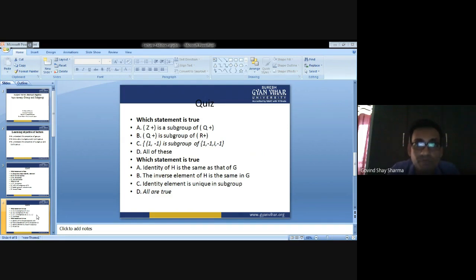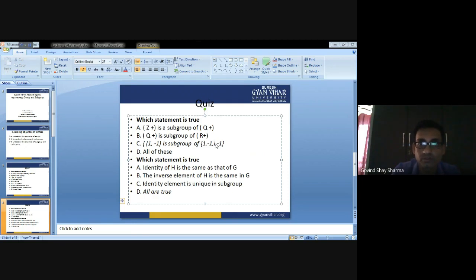Q plus is a subgroup of R plus. 1 and minus 1 is a subgroup of this set. So all options are right, because I just proved that 1 and minus 1 is a subgroup, Q plus is a subgroup of R plus and Z plus is too. So option D is the right option.